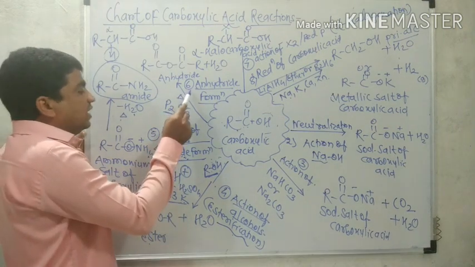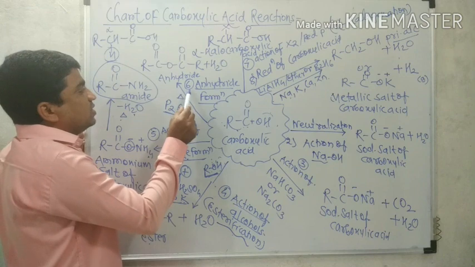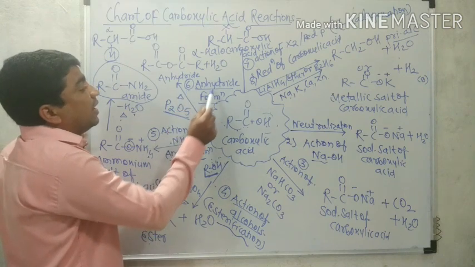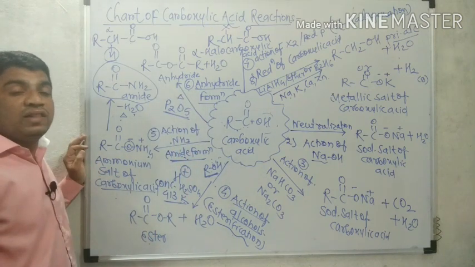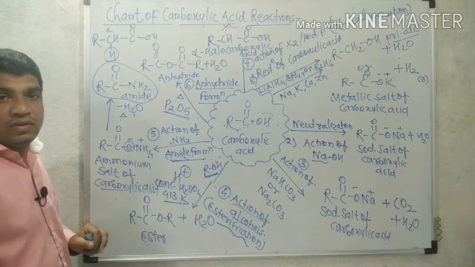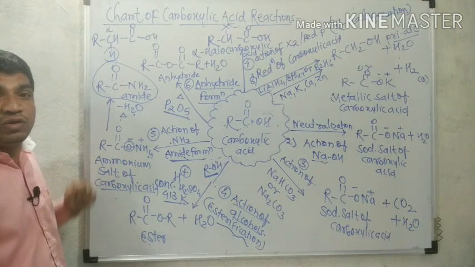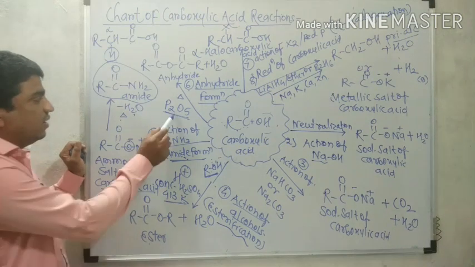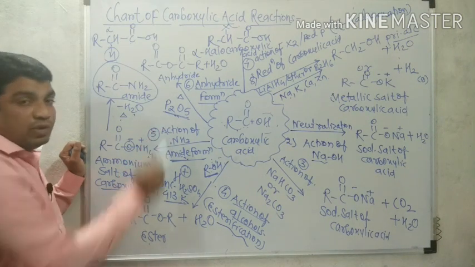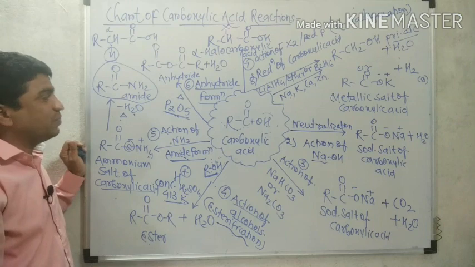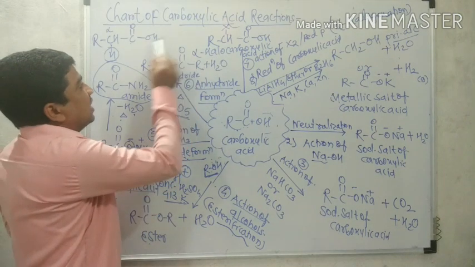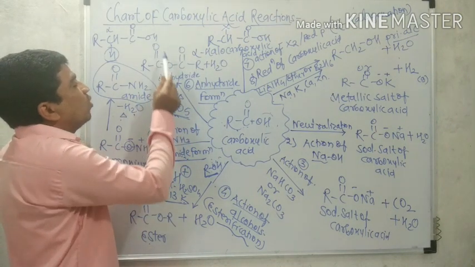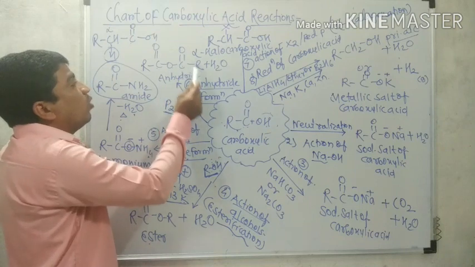Amide is formed, therefore the reaction is called amide formation reaction, that is reaction number 5. Now after the amide formation, reaction number 6, anhydride formation, also called dehydration reaction. So how do two carboxylic acid molecules get dehydrated? When two molecules of carboxylic acid are heated with a dehydrating agent like P2O5, phosphorus pentoxide, the reaction gives RC(=O)-O-C(=O)R.